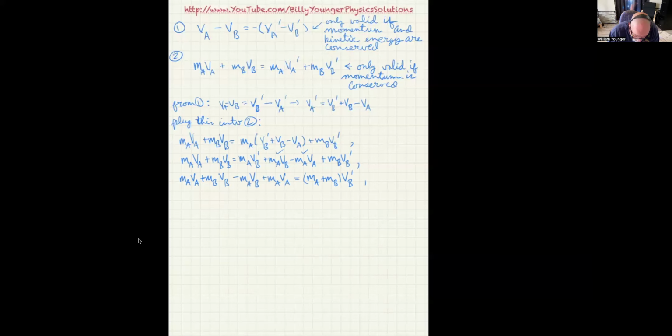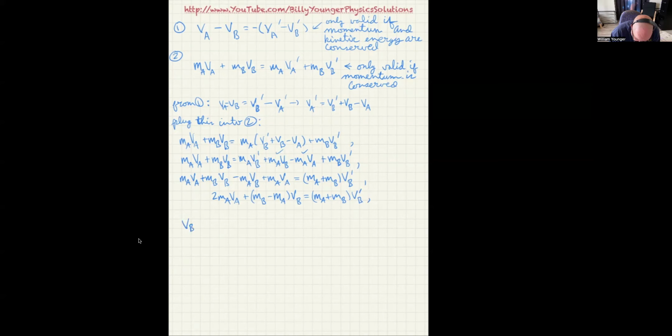For instance, I know I have a MA VA and another MA VA, so that's going to be 2 MA VA. And I also have a plus MB minus MA, all of that multiplied by VB, and that's equal to MA plus MB times VB prime. So now I am ready to solve for VB prime.